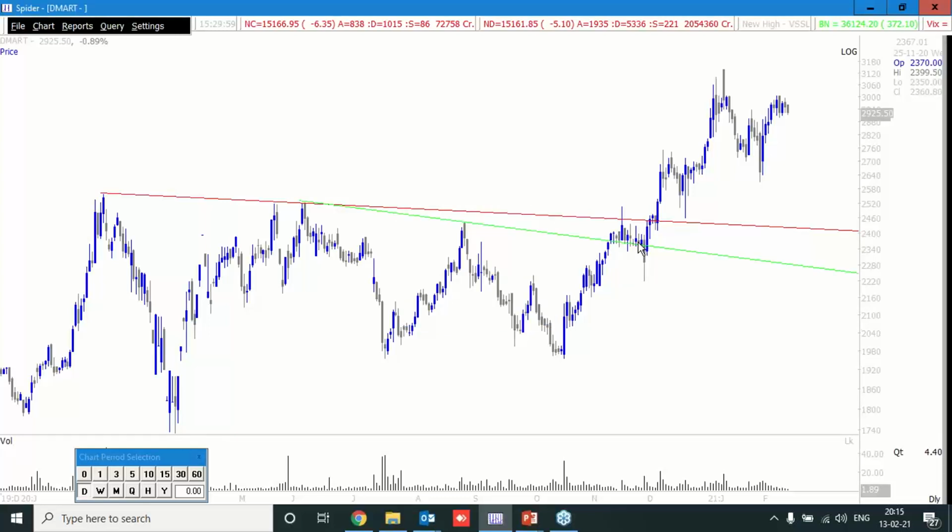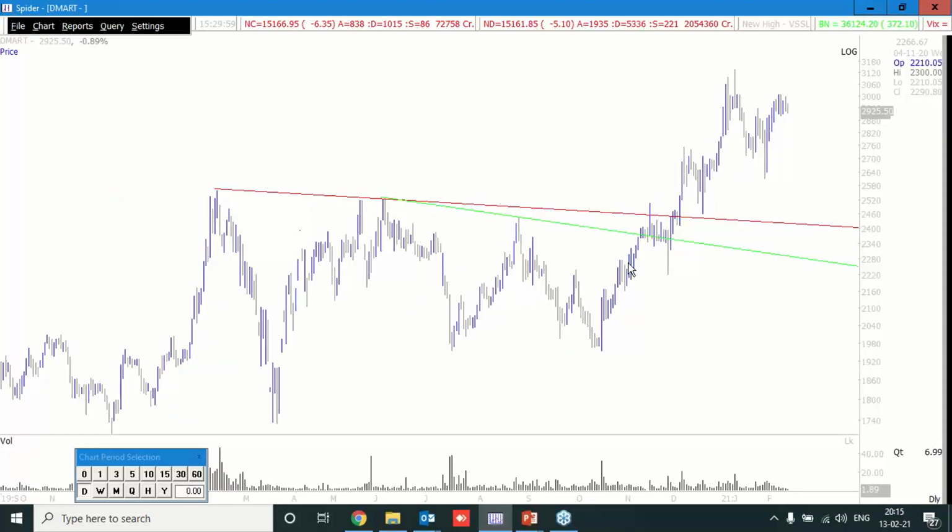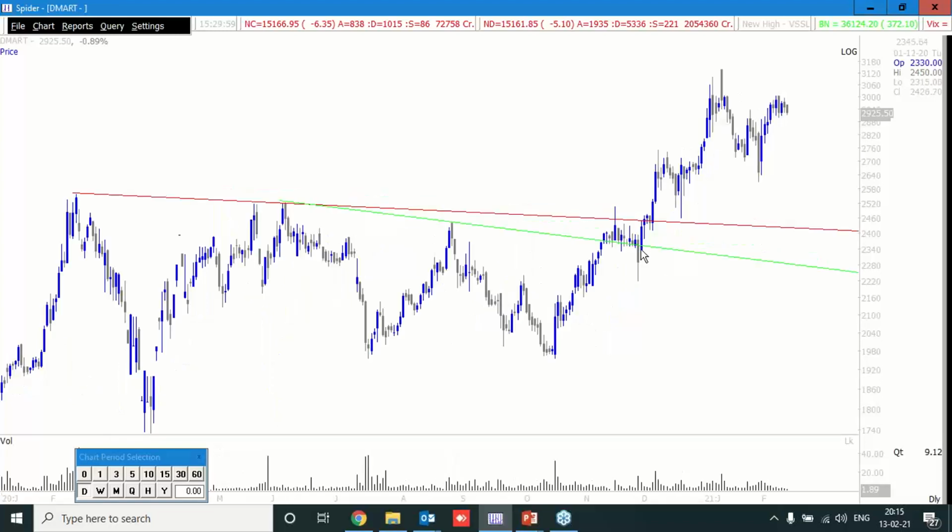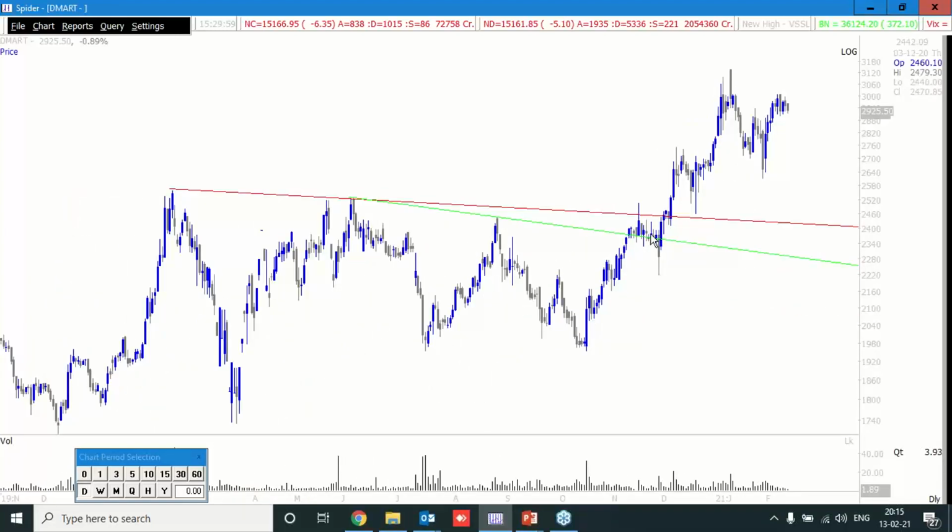Out of this, I would personally have acted upon this green trend line, but it is important to be aware of the other possibilities that other people may be looking at. From the principles that I just mentioned, eventually the breakout did play well.